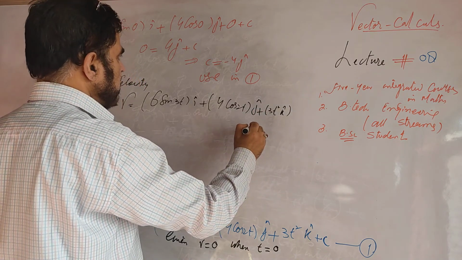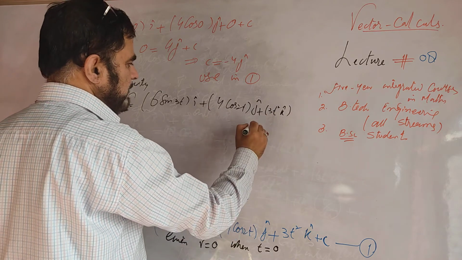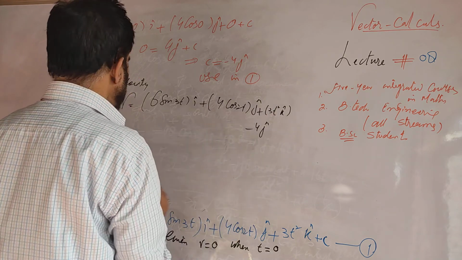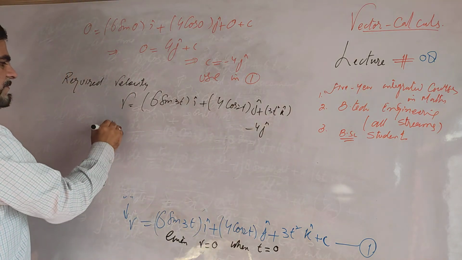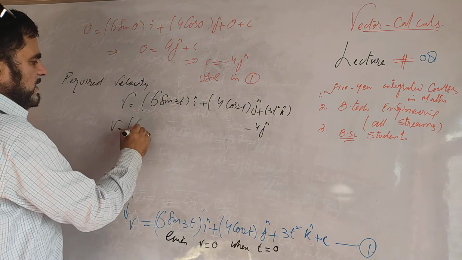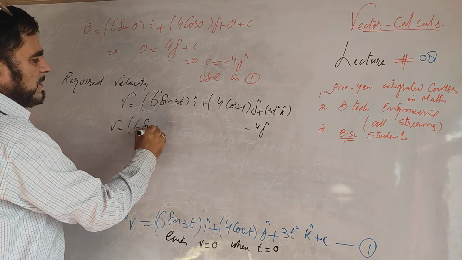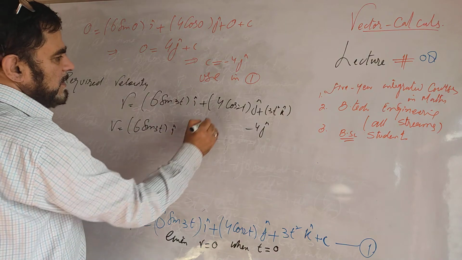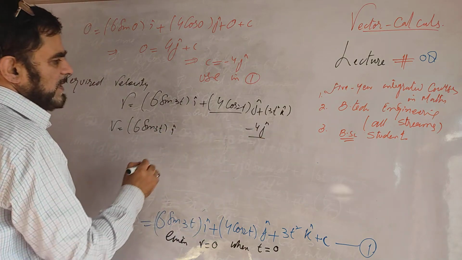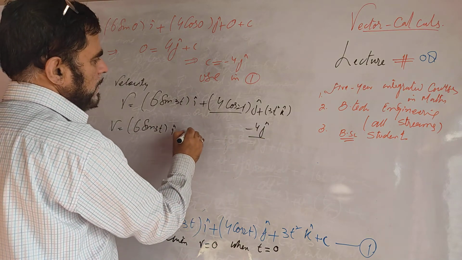Then you have the unit vector c replaced by minus 4j. So you can write your velocity v is equal to 6 sine 3t i. Connect this with this.